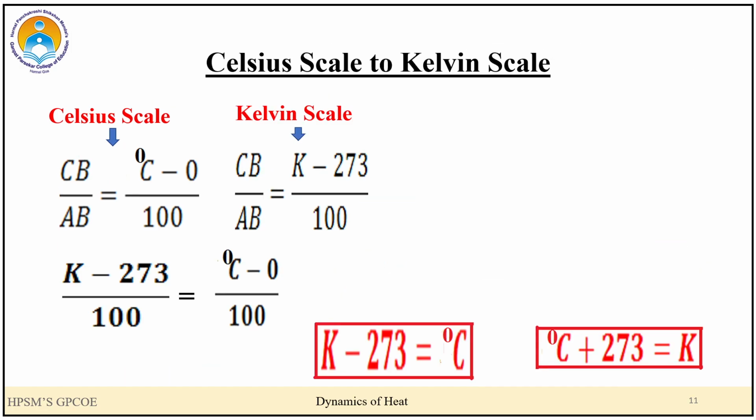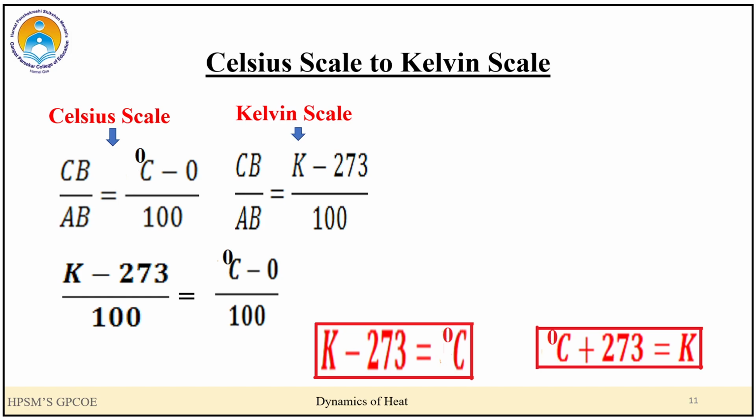Now in the second case, the Celsius scale to the Kelvin scale. How to convert a Celsius scale to the Kelvin scale? We can use this formula: for the Celsius scale, CB by AB equals degrees Celsius minus 0 divided by 100, and for the Kelvin scale, CB by AB equals Kelvin minus 273 divided by 100.